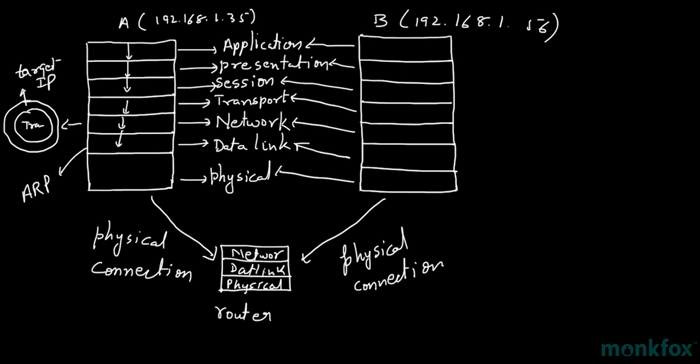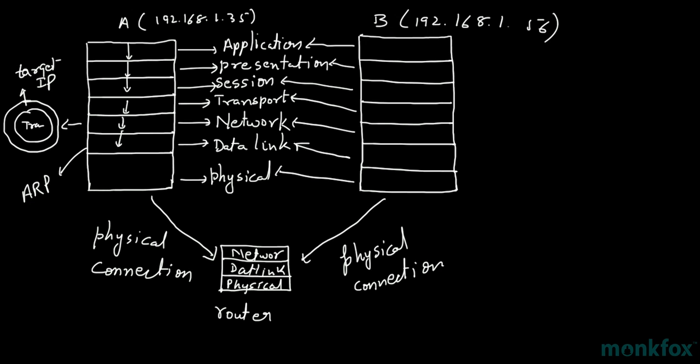The data link layer unwraps the wrapper which was set by the data link layer of A. It figures out that the target MAC address was its own, so it accepts that packet and sends the remainder to the network layer. Now the network layer identifies that the target IP address is something else, so it sends the packet back to the data link layer.